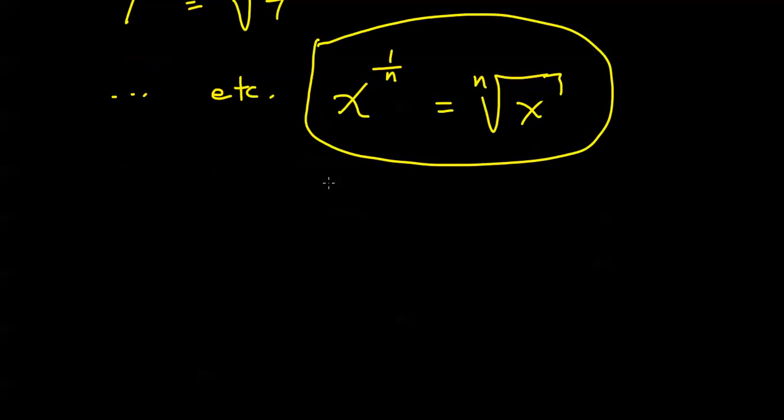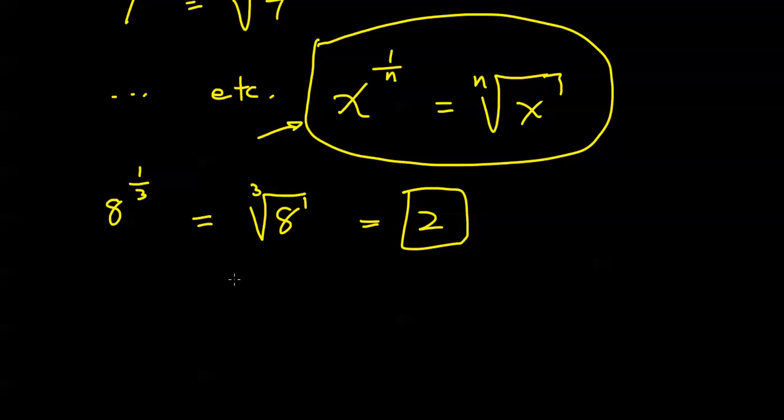Alright, let me exploit this definition and simplify something of the type 8 to the 1/3 power. Well, by this definition, 8 to the 1/3 power is really the denominator root of that base, namely the third root of 8. And of course, we know from last section that the cube root of 8 is 2.